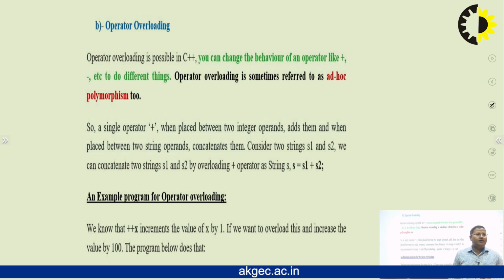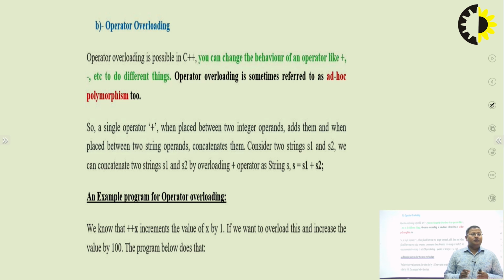So a single operator plus, when placed between two integer operands, will give the sum. But when it is placed between two strings, then both strings will be concatenated.